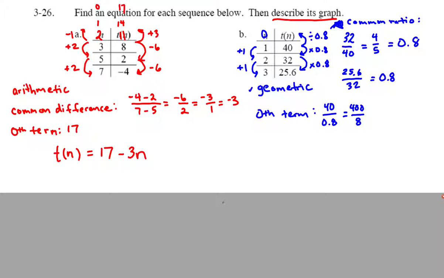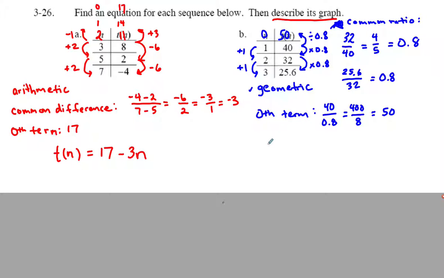That'd be the same thing as multiplying 40 times 10 to get 400, and 8/10 times 10 gives us 8. 8 goes into 400. Well, it goes into 40 5 times, and then we have an extra 0 here, so that would be 50. So our 0th term here is 50.